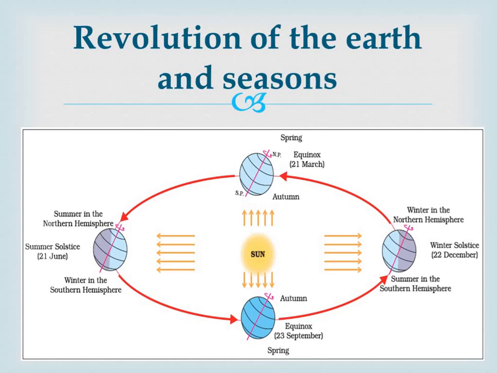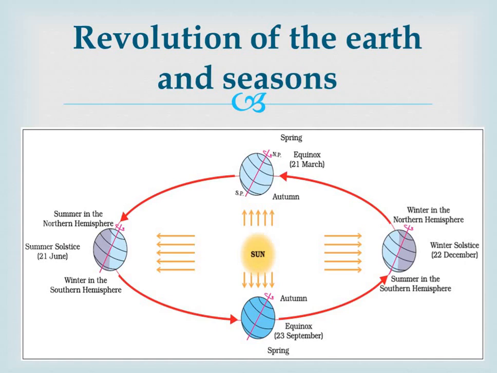At this position, in the northern hemisphere on that particular day, it is the longest day and the shortest night. And it is vice versa in the southern hemisphere in this situation.